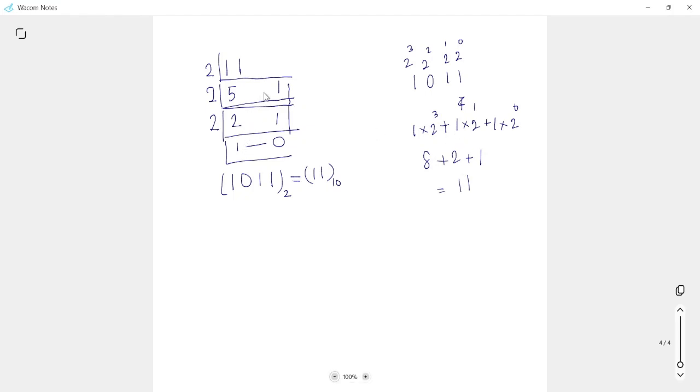So when we converted 11 into binary, we got 1011. When we converted it back, we got 11. So this is the way we got the correct answer, and this is the way we convert a decimal number into a binary number. Let us take a bigger example and see how that works.